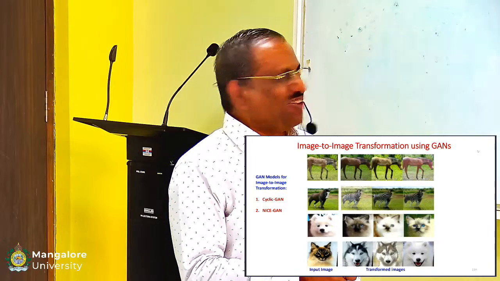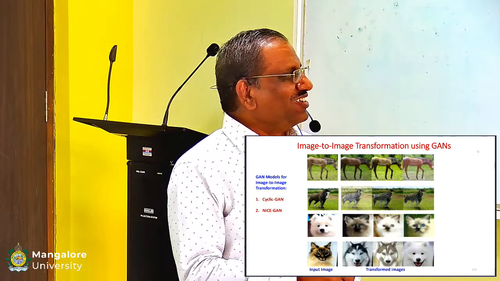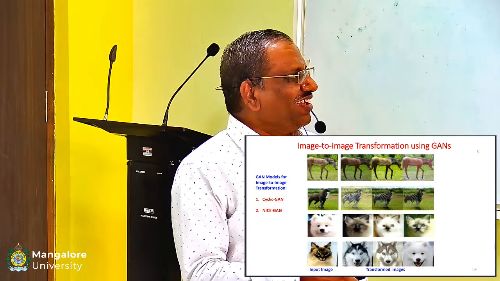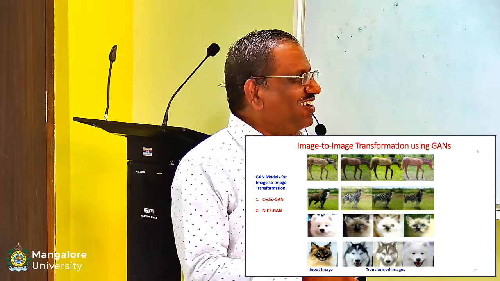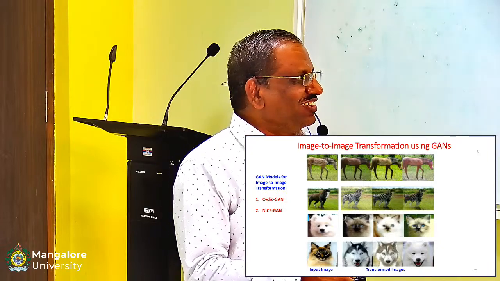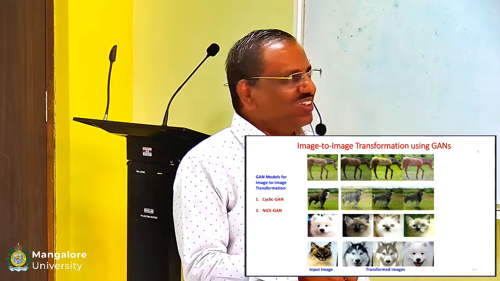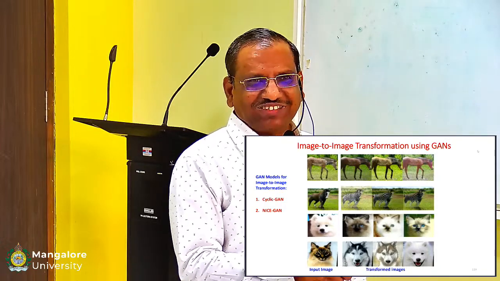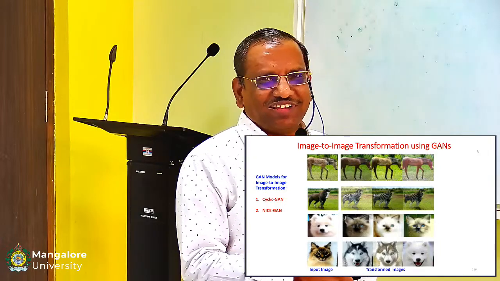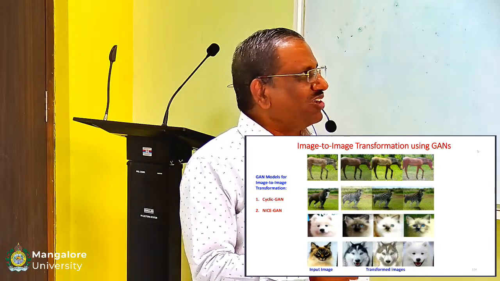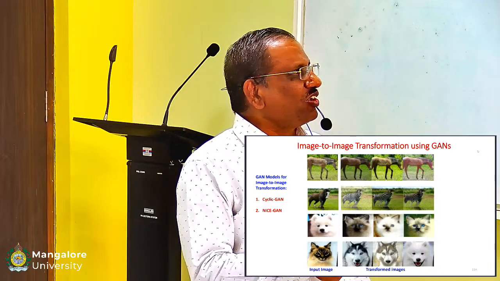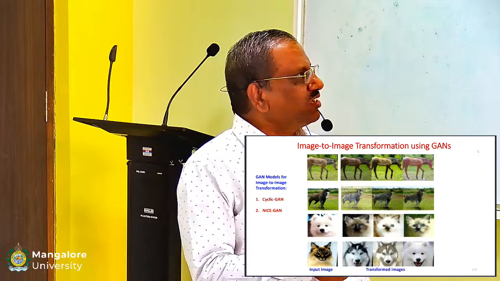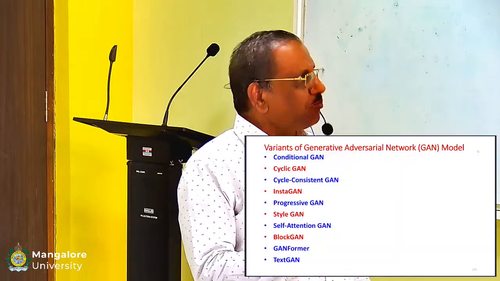Whereas here, if you look at it closely, what do we have here? Cat. Okay, and what we are generating are the dogs, right? But we want to have the dogs having similar features of the cats, right? I want to generate the dog images from the cat image and so on, right? So basically we are talking about performing the transformation from one set of images to another set of images. So there are some models that are being explored there.